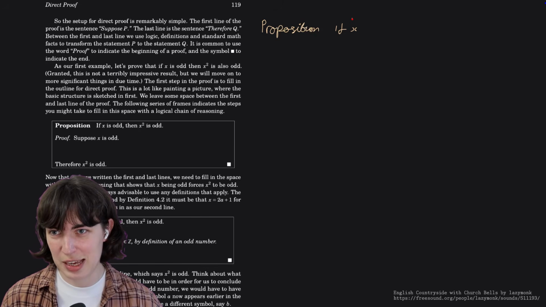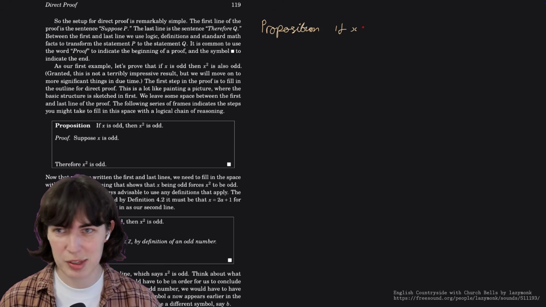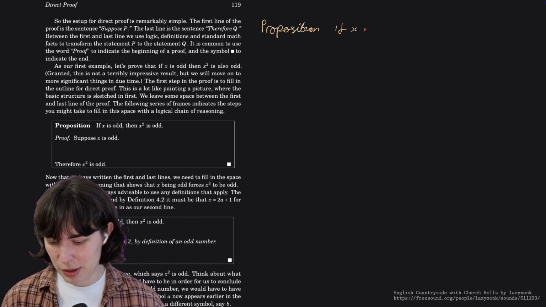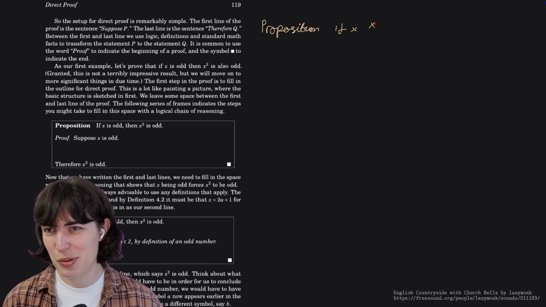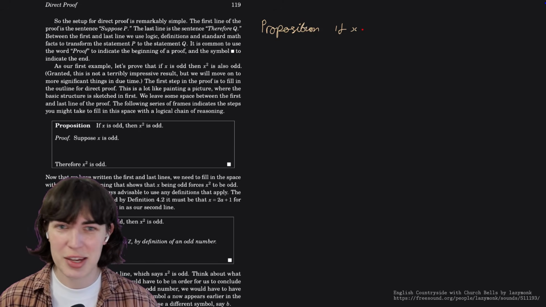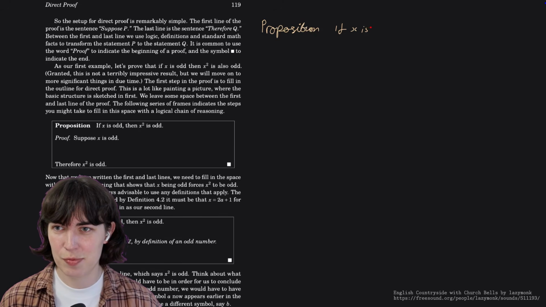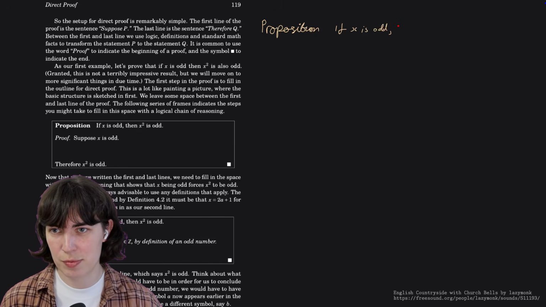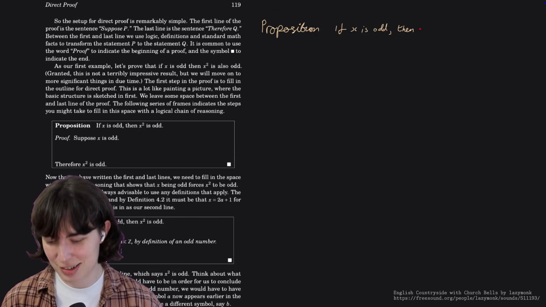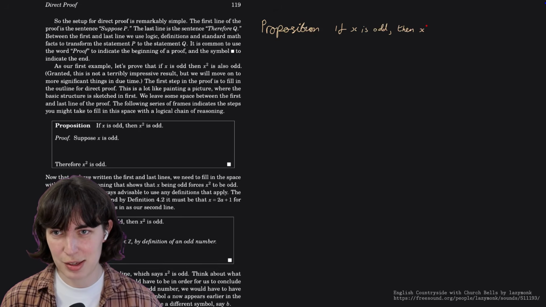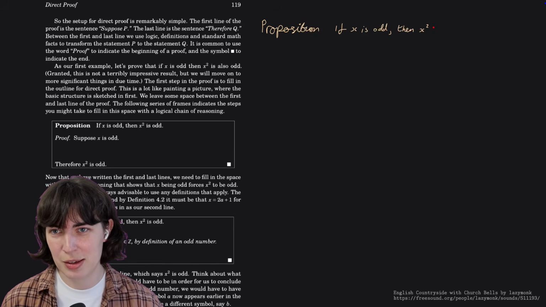See, that's a mathematical X. Cool, right? Way cooler than this. That's baby stuff. That's pathetic. If x is odd, then x squared is.